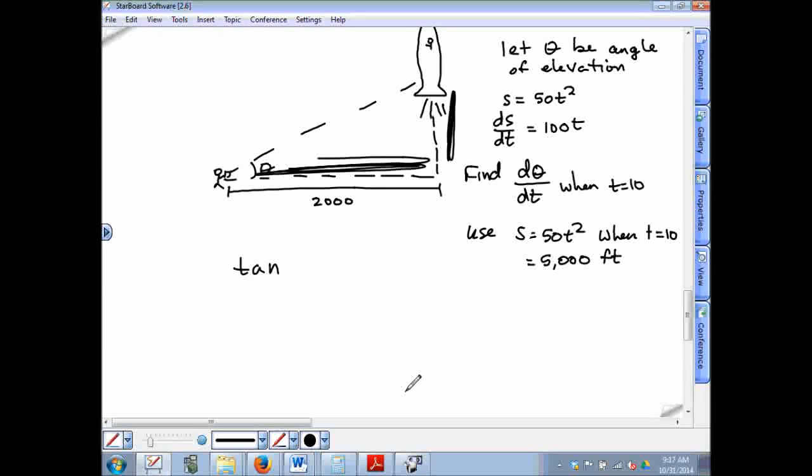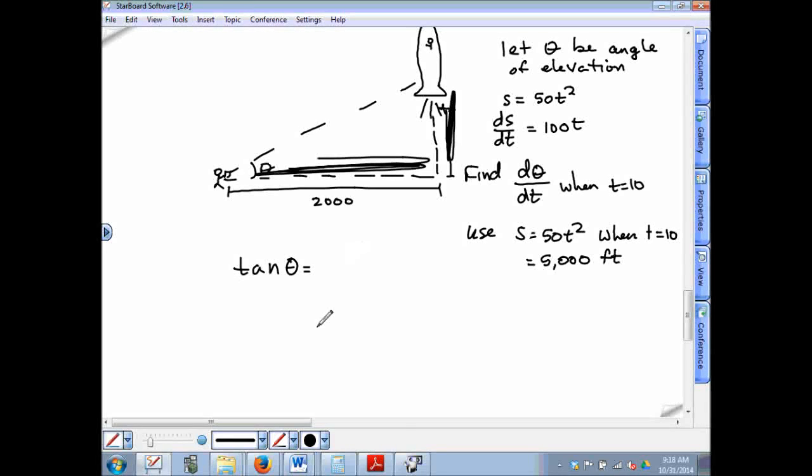So, some of you had the great idea to use tangent of theta. The definition of tangent is opposite over adjacent. Now, the adjacent length is set. He's 2,000 feet away from the base of the rocket launch. This distance here changes, right? Depending on the height of the rocket.